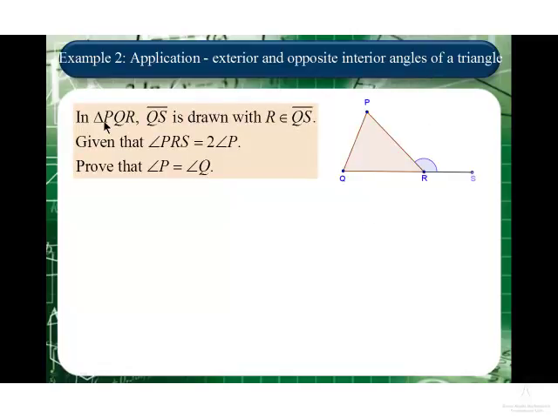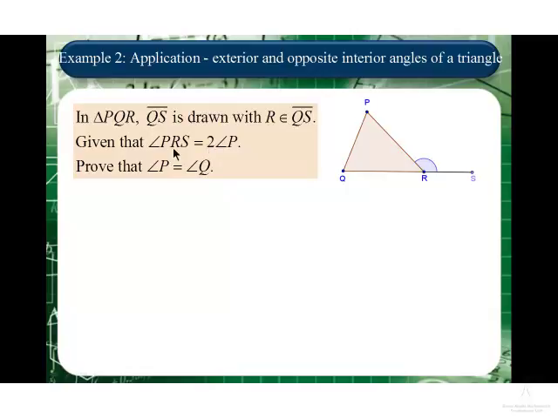In triangle PQR, we have that QS, that's line segment QS, is drawn with, of course, R, the one vertex of the triangle, belonging to this line segment QS, as indicated. This defines then the exterior angle for the triangle PQR, namely the angle PRS in this case.